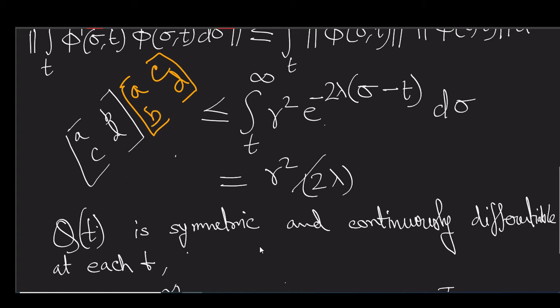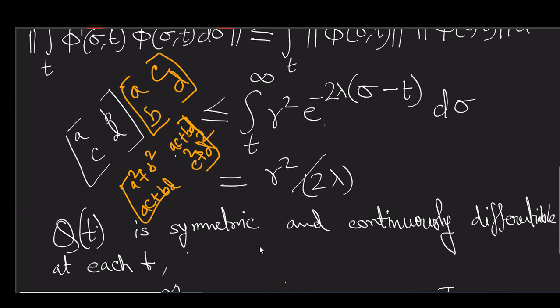Now if you multiply, what you will get is A square plus B square, here you will have AC plus BD, here you will have AC plus BD, and here C square plus D square.